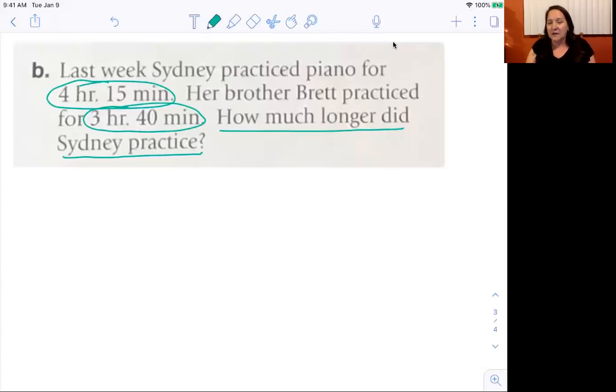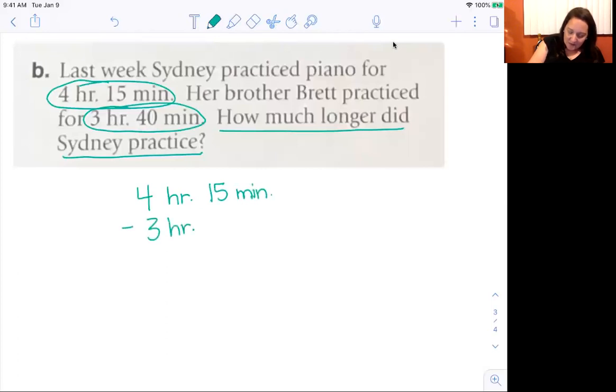We're going to use subtraction. So let's do that. Is it going to be 3 hours, 40 minutes minus 4 hours, 15 minutes? No, because you can't do the smaller minus the bigger, right? So it is 4 hours, 15 minutes minus 3 hours, 40 minutes.